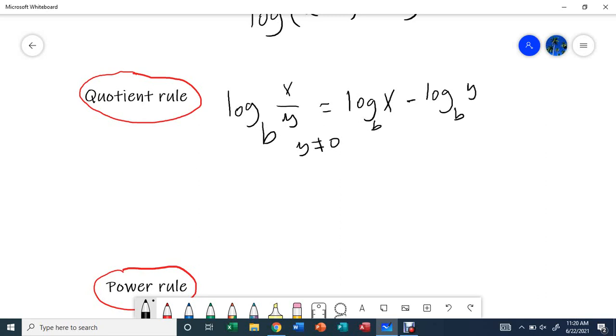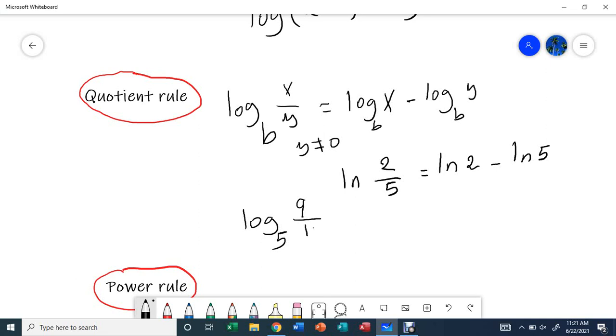An example, what's natural log of 2/5? It's going to be natural log of 2 minus natural log of 5. What's log base 5 of 9/10? It's going to be log base 5 of 9 minus log base 5 of 10.